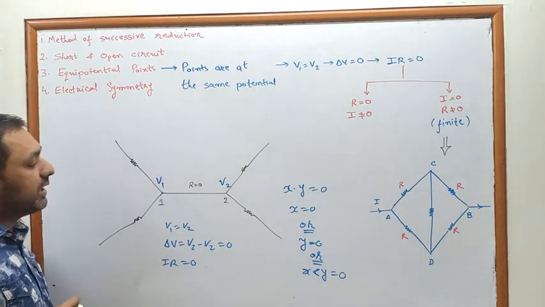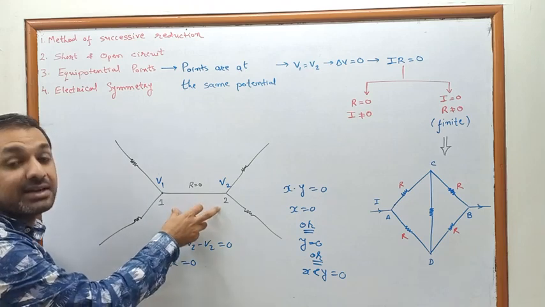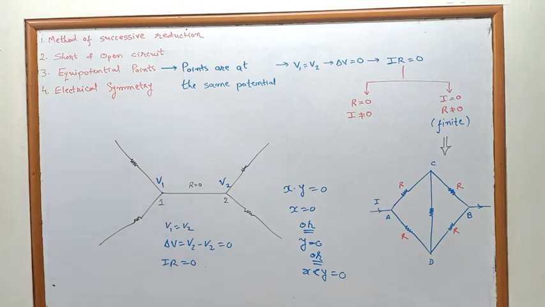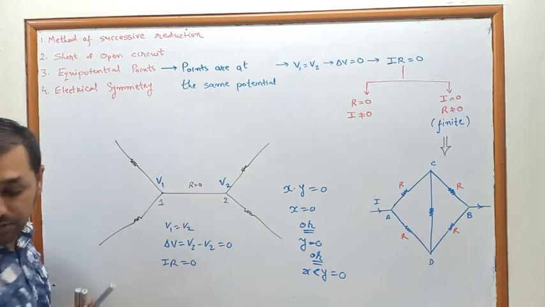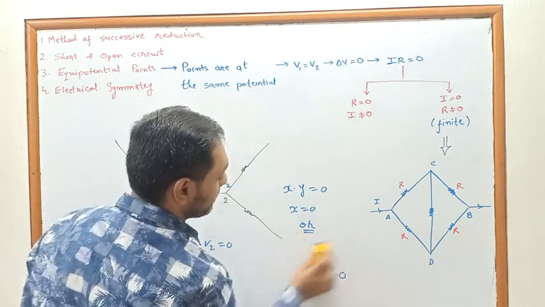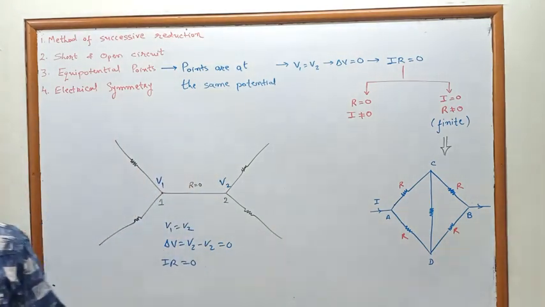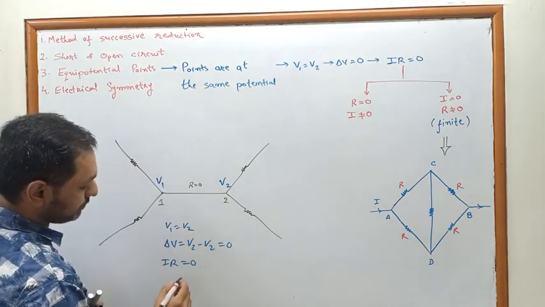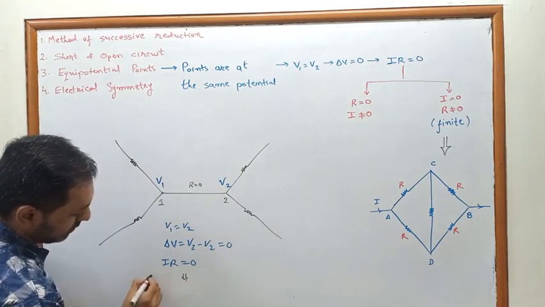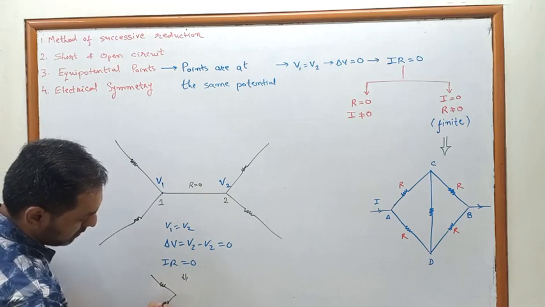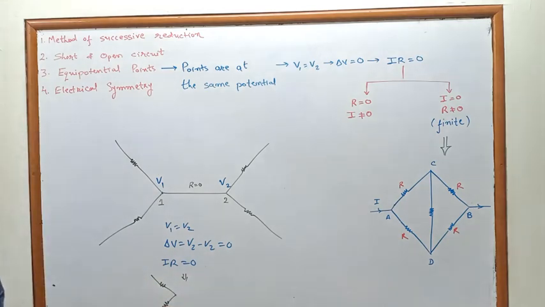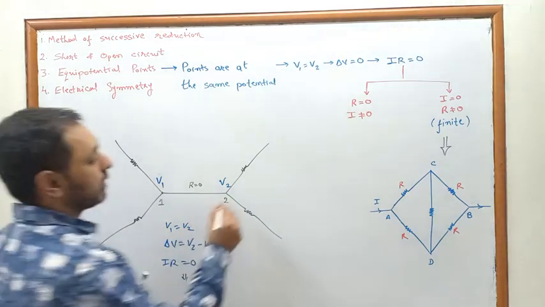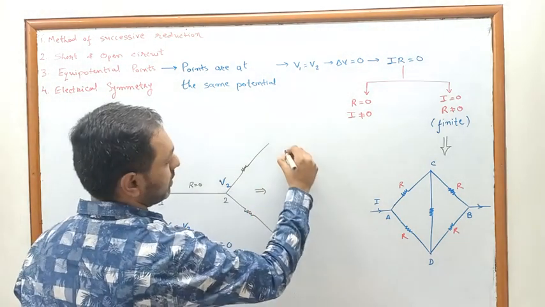Earlier also I mentioned that if two points are at the same potential, or if you find that these two points are equipotential points, then you can join these two and you can reduce your circuit like this. I think it won't be visible, so I'll redraw the simplified network over here.